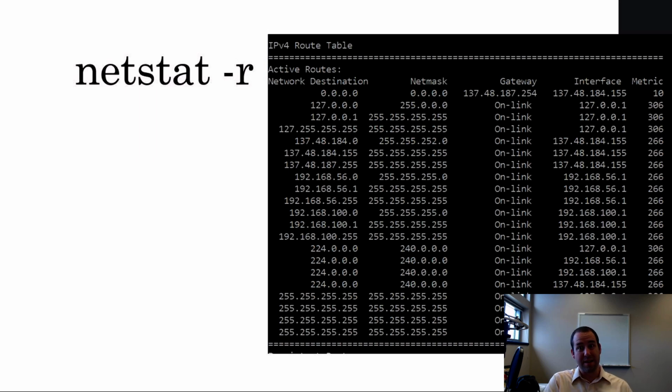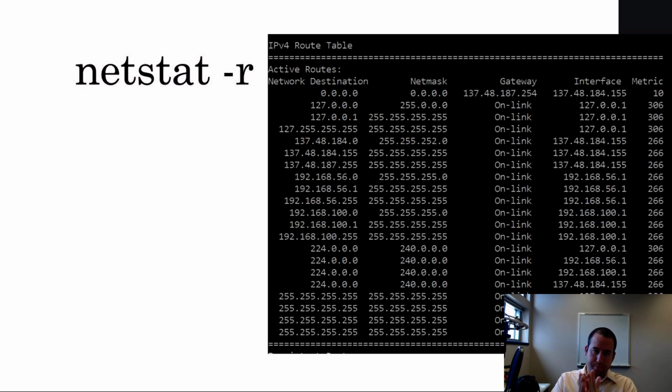The most important things to note are the network destination, meaning your routing table contains what network you're trying to communicate with. It contains a subnet mask so that it knows what the network ID, the network address is. And then it contains a gateway. And the gateway is, how do I get there? Where do I send traffic if I want to get out of my local network?